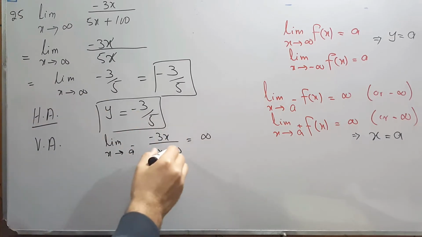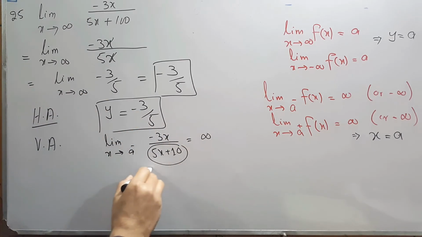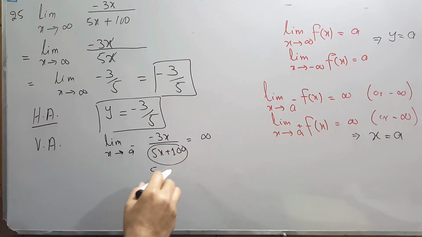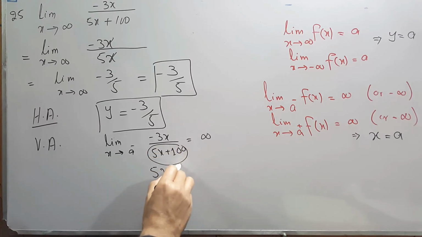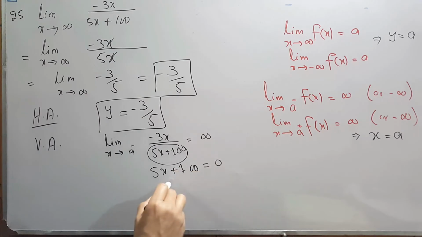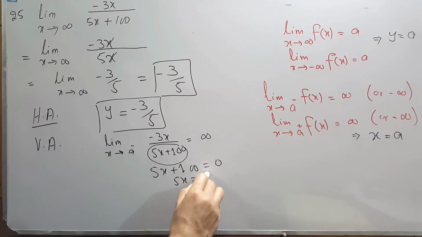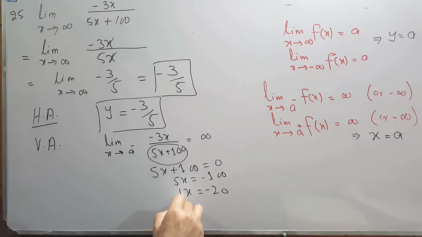And this can be infinity when the denominator is 0. So that is 100, sorry. So 5x plus 100 equals 0, which means 5x equals minus 100. And if you divide both sides by 5, this gives us minus 20. So this is our vertical asymptote.